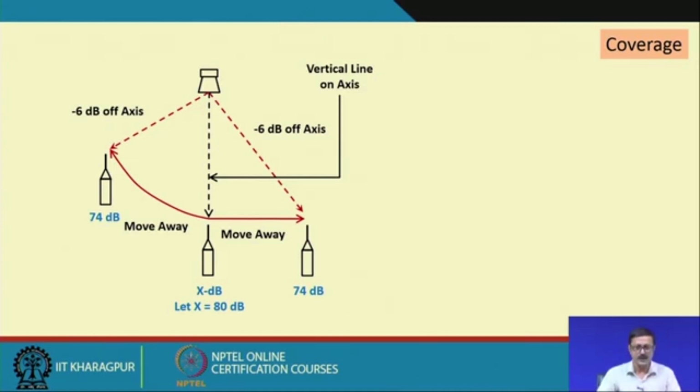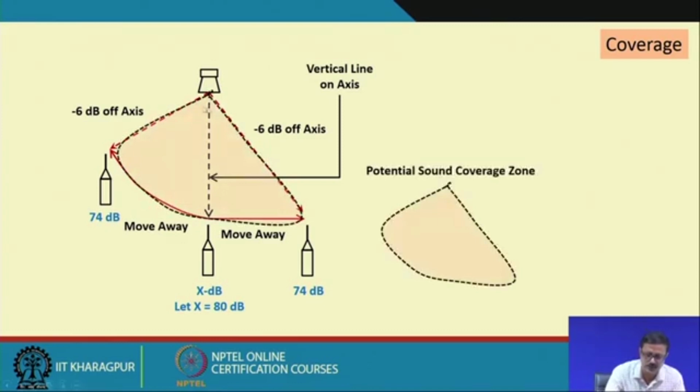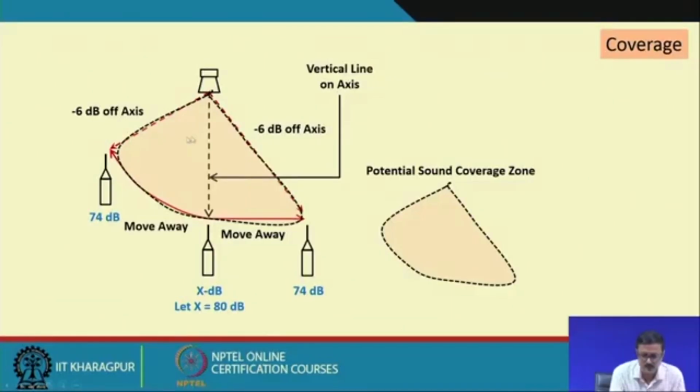So, this shaded area is called the minus 6 dB off axis zone, and this is the potential sound coverage zone, that is, the coverage of a loudspeaker. The loudspeaker will be arranged in such a way that we deal with the effective area of coverage, this vertical cross section or, from an aerial point of view, this circular area.